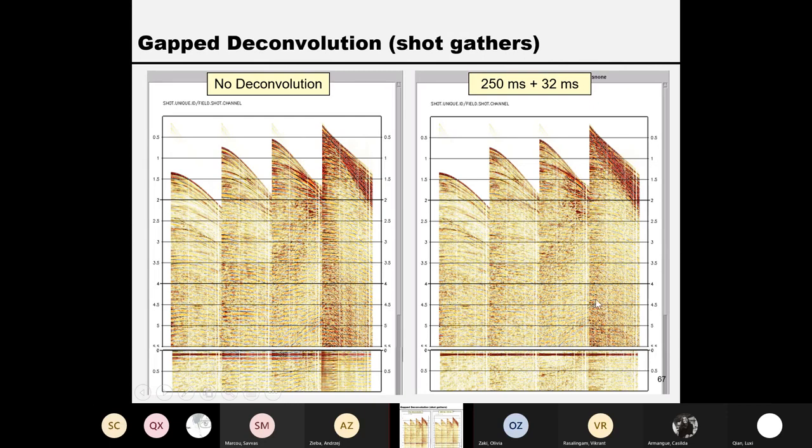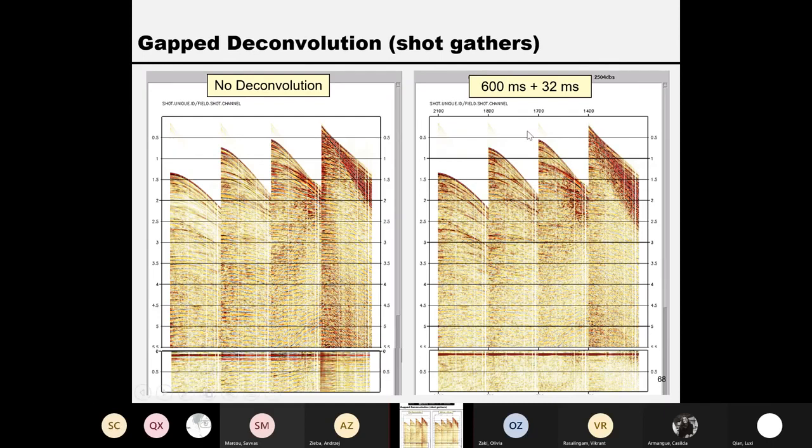In this example, the gap is 32 milliseconds, and the filter length is the same as spiking decon, 250 milliseconds. The spiking decon gives us the suggestion for the filter length, but in the gap decon we have a gap of 32, which keeps the period untouched.